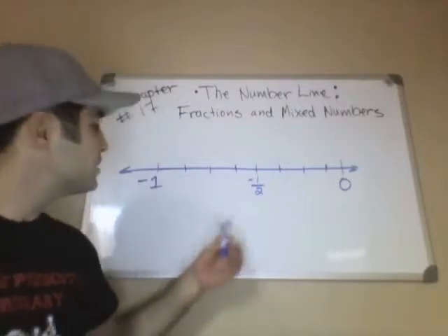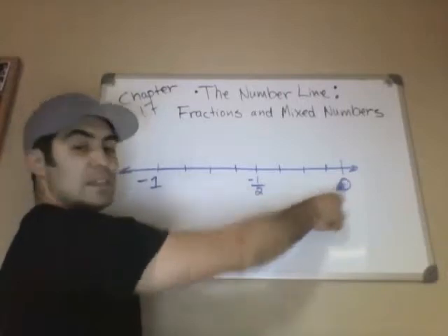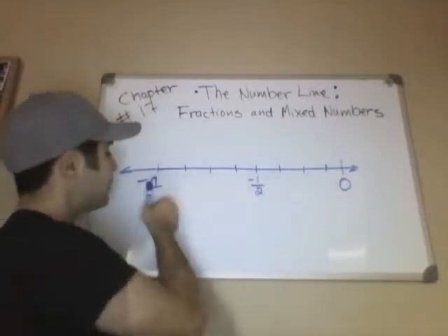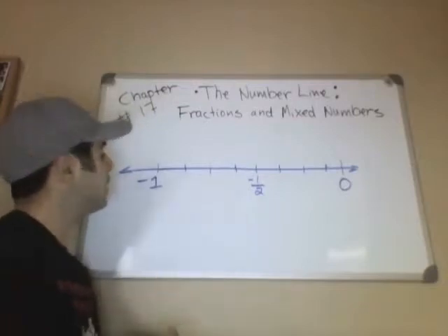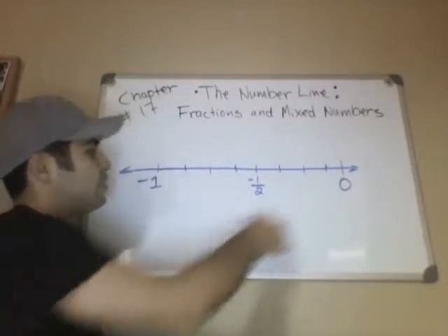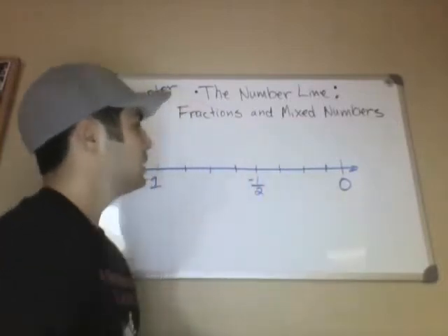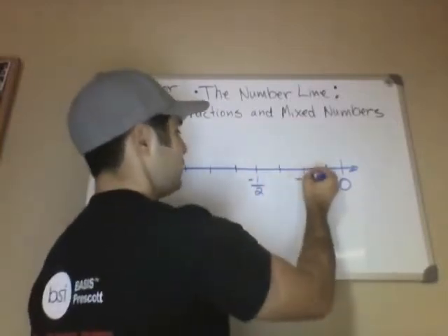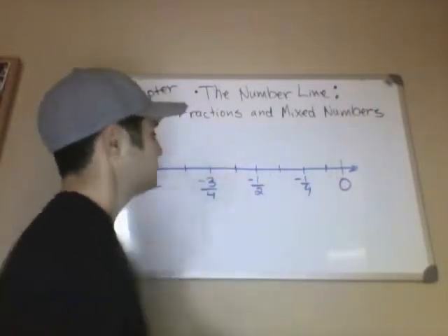Alright, so let's talk about the other end of the number line. We have 0 at this end, and then as we go to the left, the numbers and fractions are negative. So halfway in between 0 and -1 is -1/2. Then we have -1/4 and -3/4.